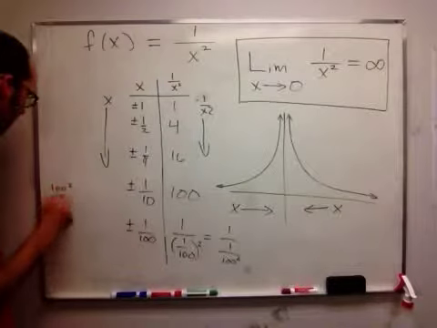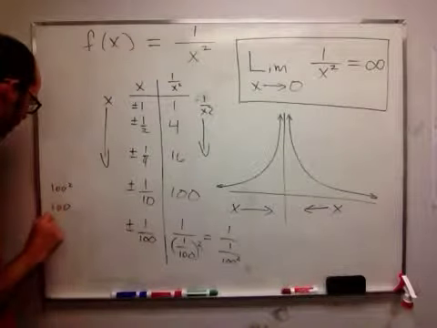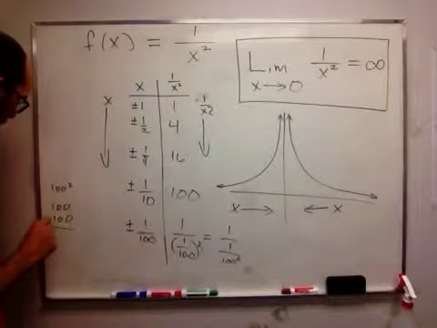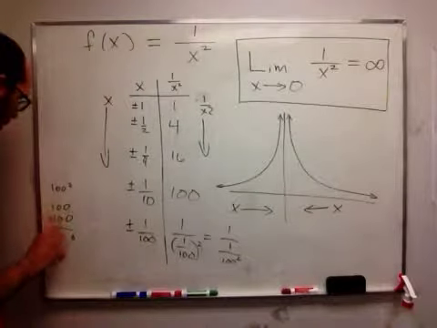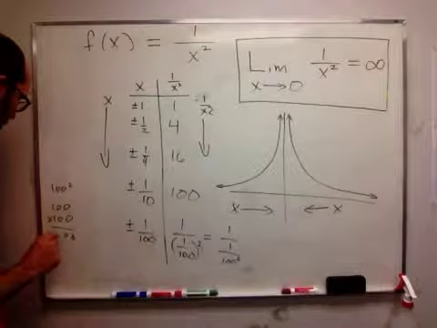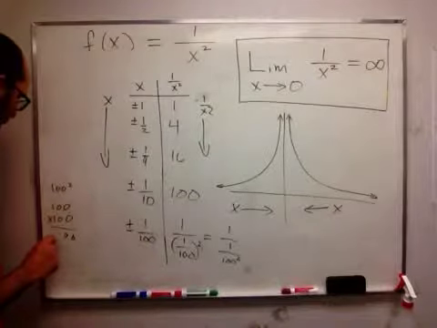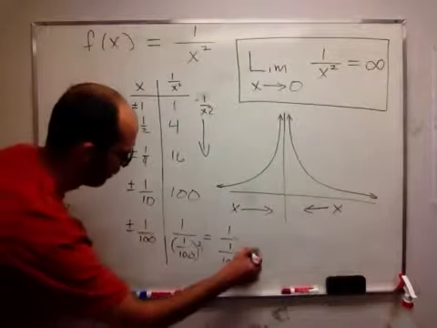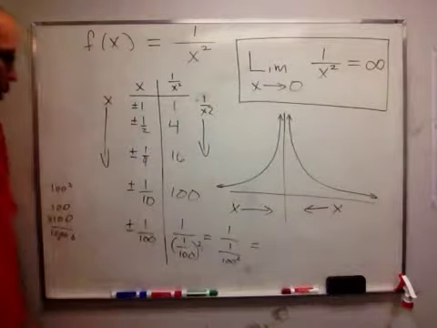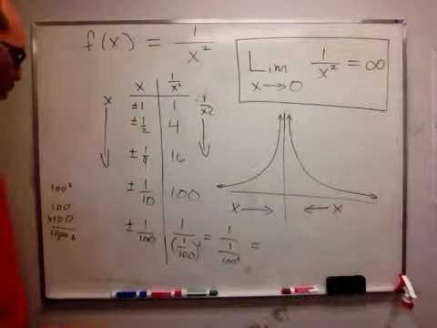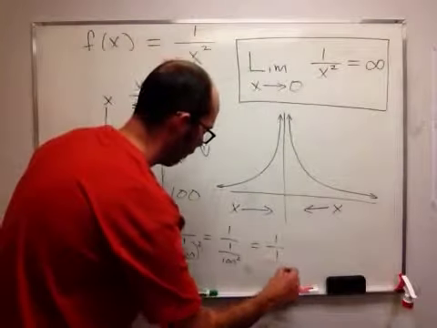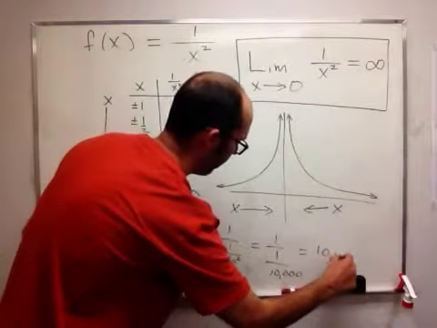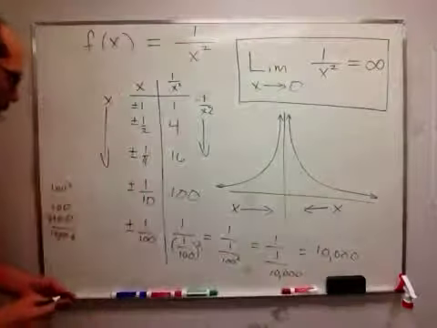That's 100 times 100. We got a 0 and a 0 and a 0, and then 10,000. So 1 over 1/10,000 is equal to 10,000.